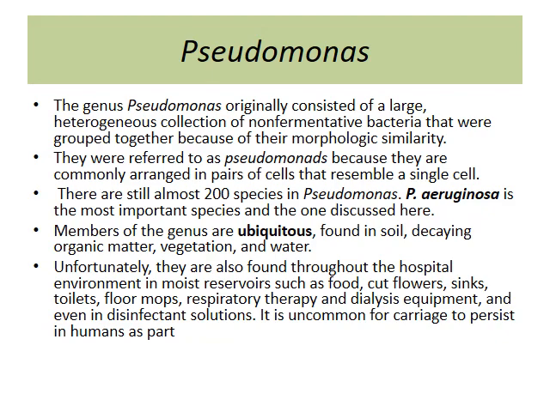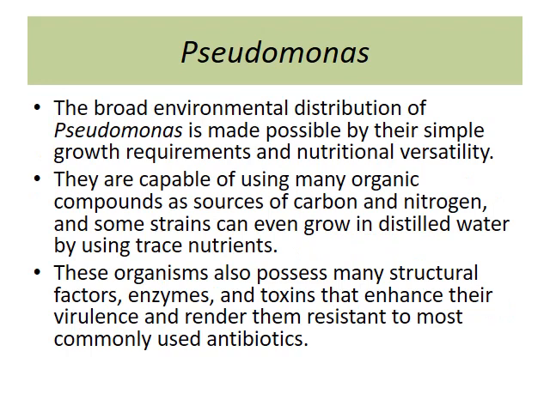Okay, so Pseudomonas is one of those bacteria that hospital people worry about. One of the rules I'll share with you, especially for metabolism, for those of you preparing for chapters 2 or 3 for tomorrow's exam: when we say simple growth requirement and nutritional versatility, this means that we can grow them on anything.